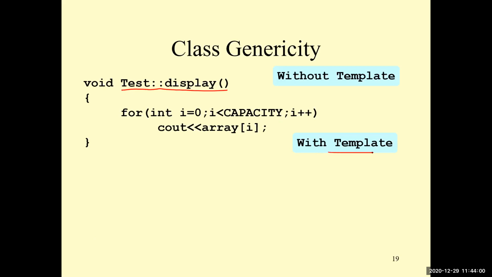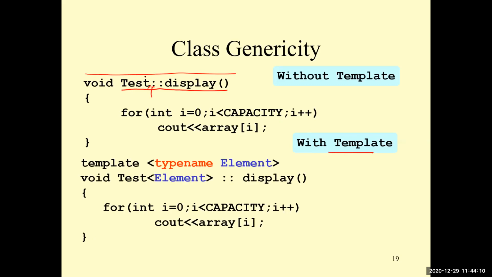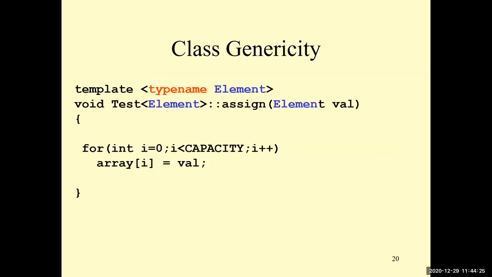But if you are using templates, what you do, before this function you will write template typename, and after the name of the class you will put angle brackets again. Okay, so this is the syntax that we use with templates. Now you can compare both of these. So there's just a syntax change. The difference is this, which you need to put with every function, and another difference is this. Okay, so this is how you do it.